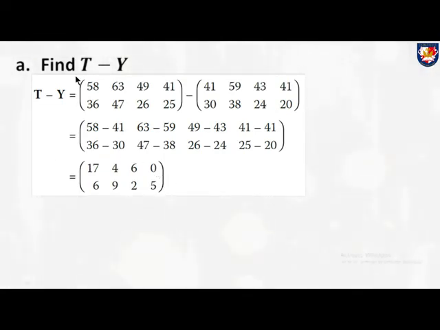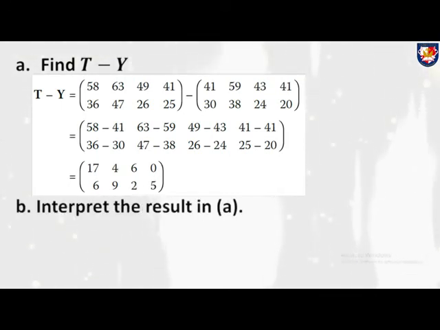And remember, matrix T has order 2 by 4, and matrix Y also has the order 2 by 4, 2 rows and 4 columns. And the matrix T minus Y has to be 2 rows and 4 columns. That's the order. And then interpret the result in A.